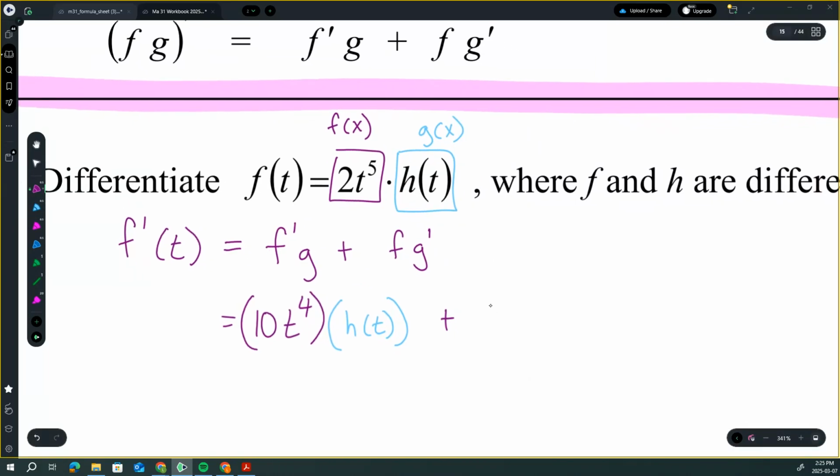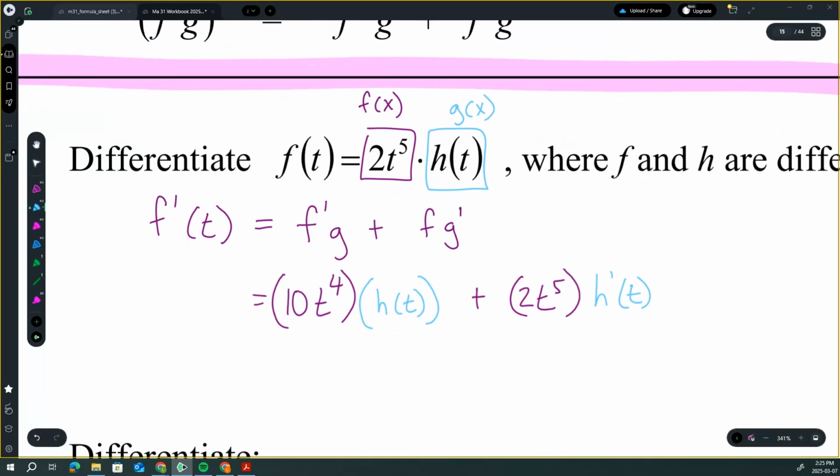plus, so now we leave the first function, so 2t to the power of 5. And then the derivative of h of t, we would just write that h prime of t. Okay. So actually, one thing I'm going to do, I'm just going to color code those g's, just so it's easier to follow. Okay.